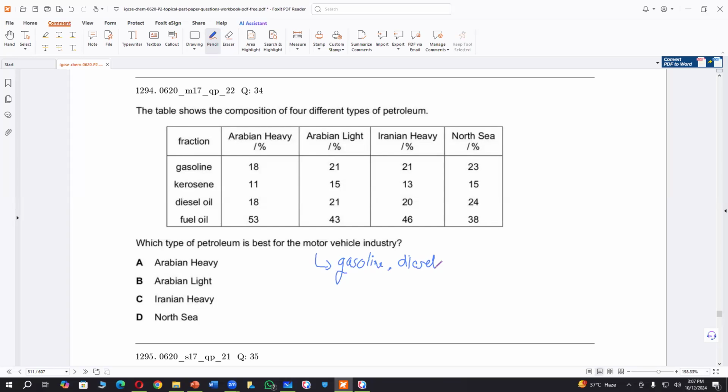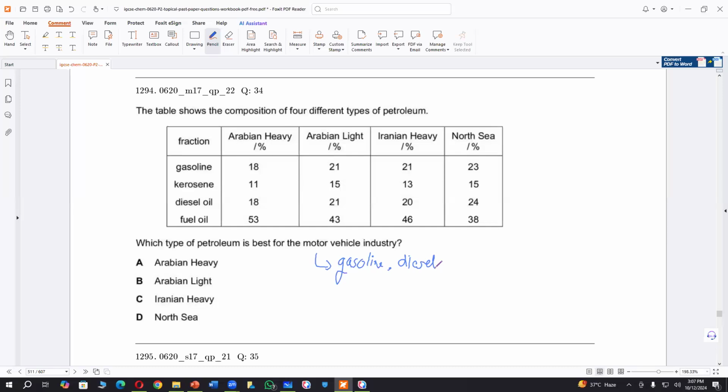So petroleum is made up of gasoline, kerosene, diesel oil, and fuel oil. Actually, the word petroleum is used in multiple senses. Here he says the petroleum coming from 4 different brands contains this.